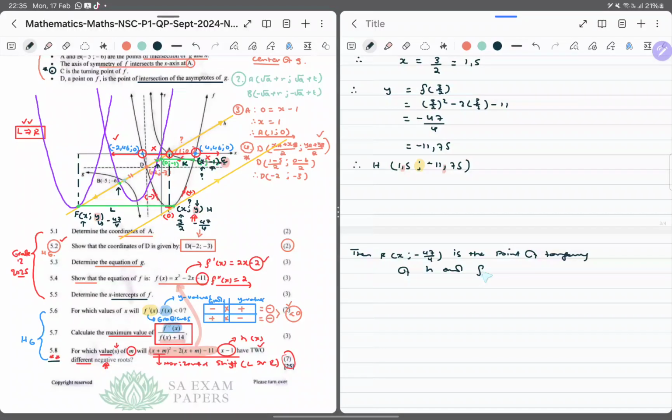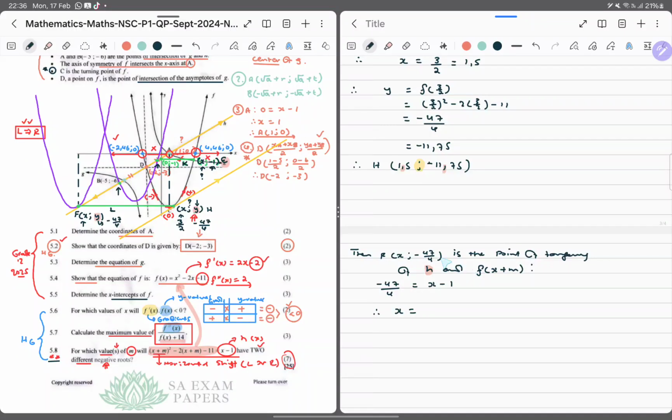and f of x plus m, because we know that that one would be the one transformed so that this becomes the point of tangency, such that, what do we know? We know that essentially h, you can say minus 47 over 4, is going to be equal to minus x, x plus 1. We're using the graph of h. Yeah, guys, this is a bit cumbersome now. It's horrible. So what is the x value here?